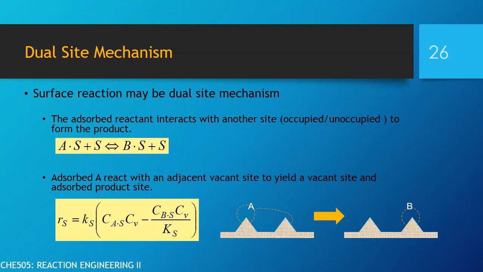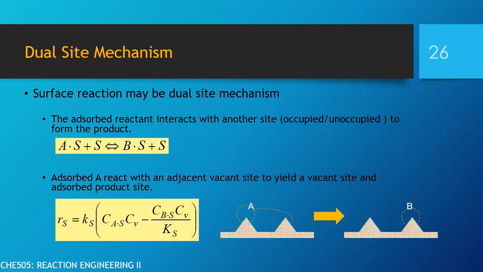For example here, A·S: if you look at the diagram, A is attached on the active site S, and there is another vacant or unoccupied active site. When the surface reaction occurs, the product will be produced at another triangle, not the same triangle as A. So the product will attach to another unoccupied active site.